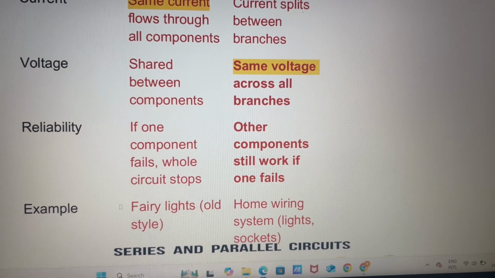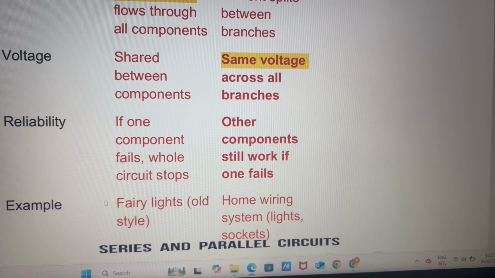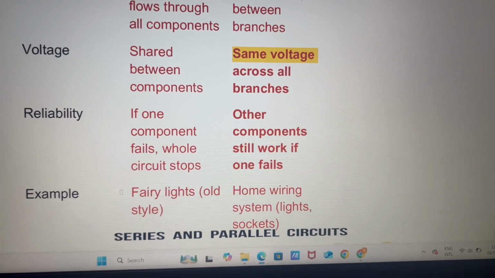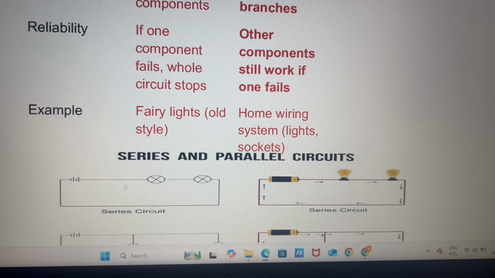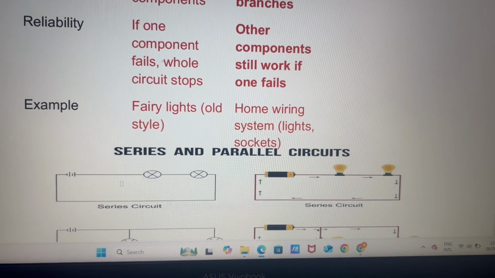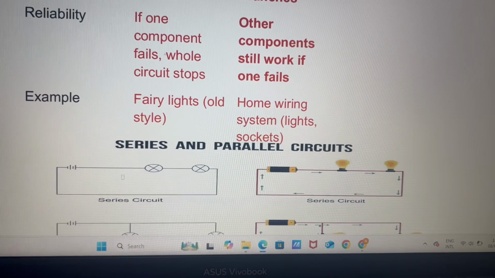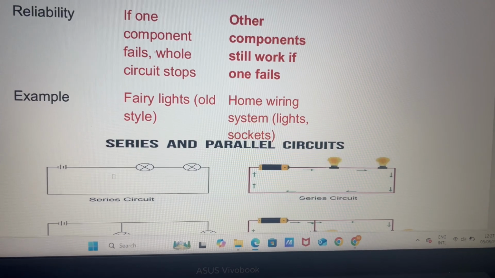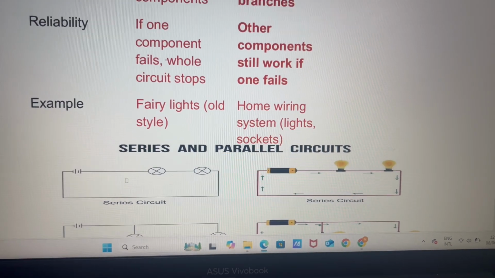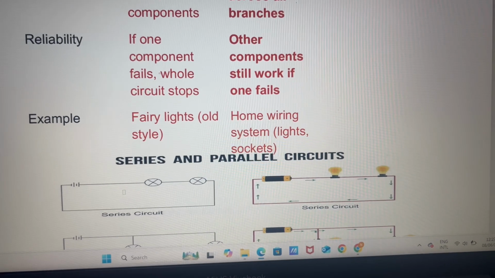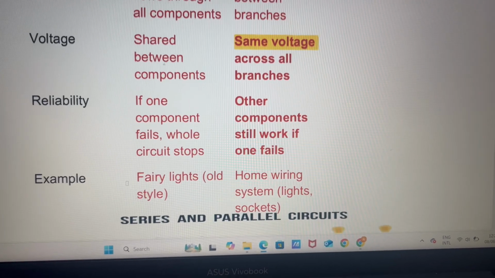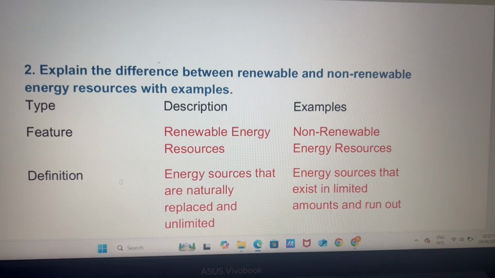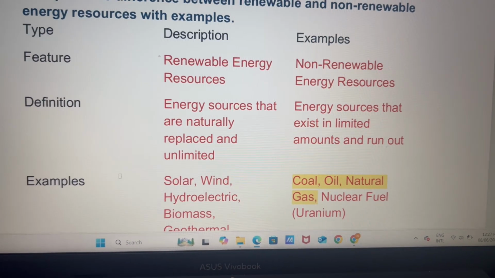But the series circuit, you use it for the Ramadan decorations, the old-style fairy lights, because if one breaks, the others also stop. Just try to take any fairy light and remove one of the bulbs, and you'll find that all of the bulbs suddenly stop working. So it's not easy to use, it's not the best choice.